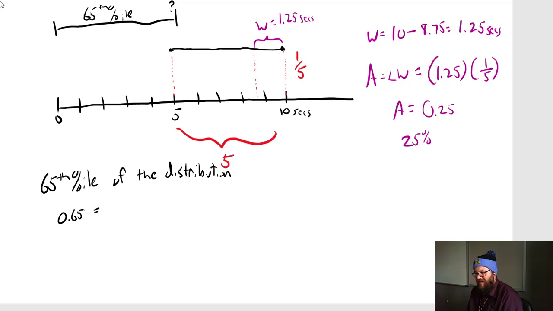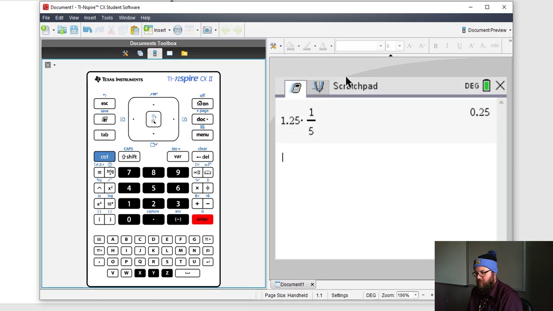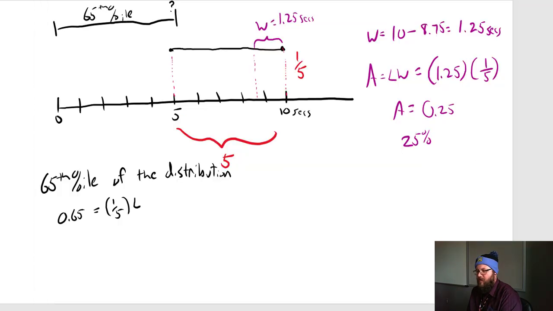We know our height, or our width in this case, we could say is 1/5. And we're wanting to know our length, alright? So if we were to take 5 times 0.65, we should get 3.25. So our length should be 3.25.